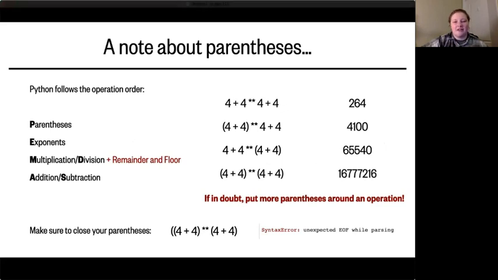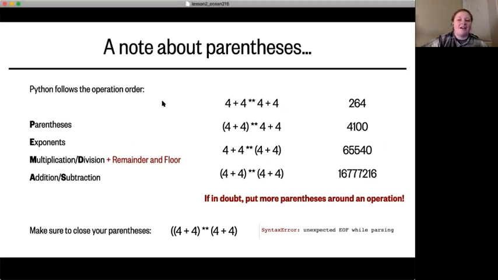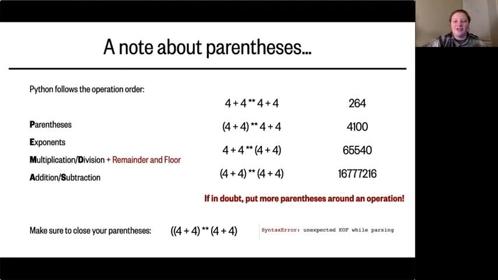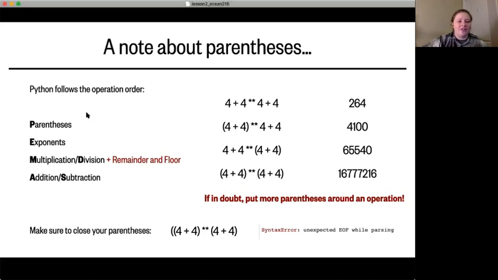Like any other time using mathematical operators, Python follows a specific order of operations. So it's necessary to think a little bit about parentheses. Python will compute operations inside of parentheses first, exponents next, multiplication and division, as well as remainders and the floor next. And it'll do addition and subtraction. This order of operations in Python is probably pretty familiar to a few of you as PEMDAS, which is the used acronym for remembering the order that things go in.